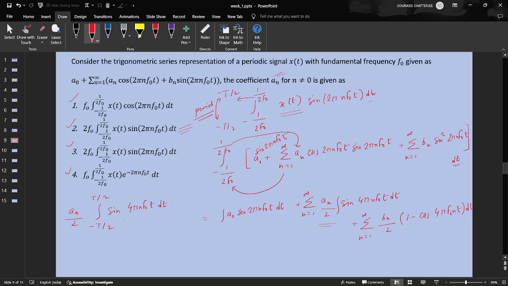So you can see this is a periodic signal with fundamental frequency n times f naught.